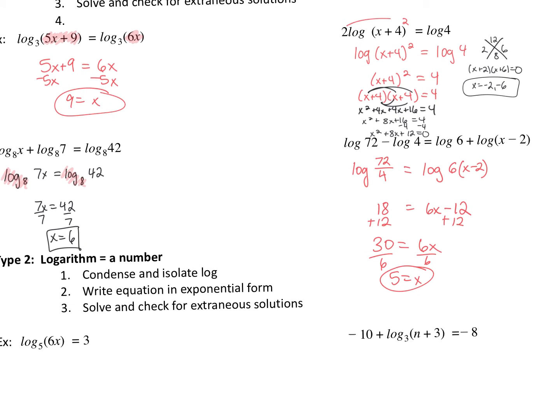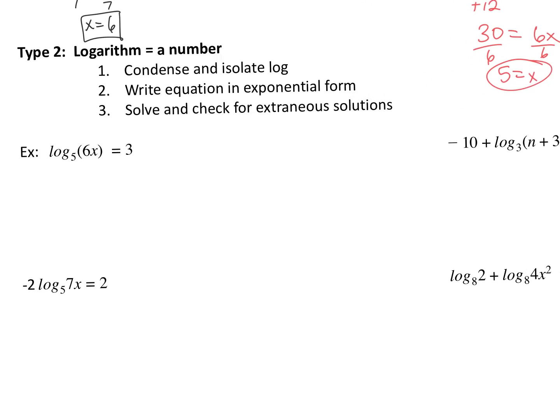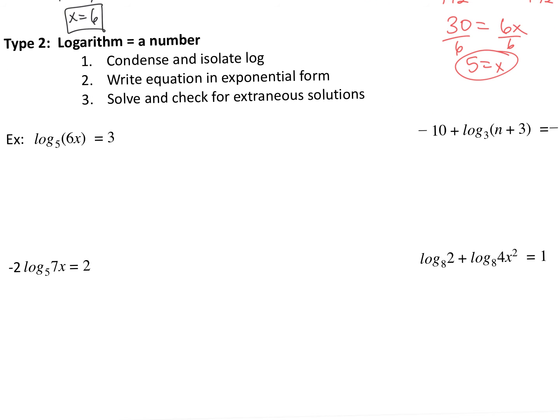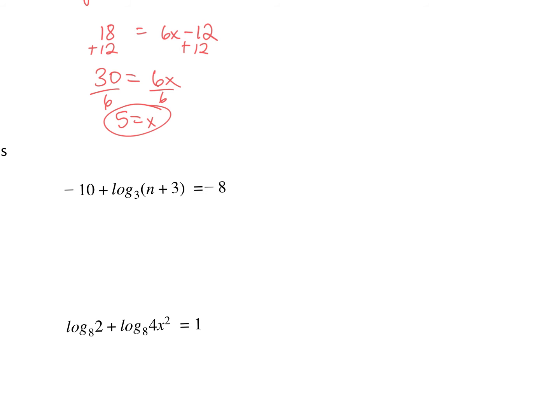All right. And then we have when we only have logs on one side, okay? So if we remember back to exponential equations, we're actually going to real quick go off to the side and just do a little warm up here. Okay, so let's pretend that I have 2 to the x power equals 3.